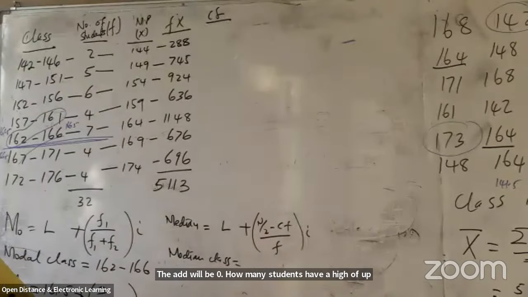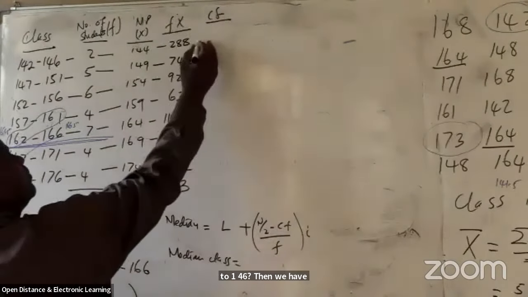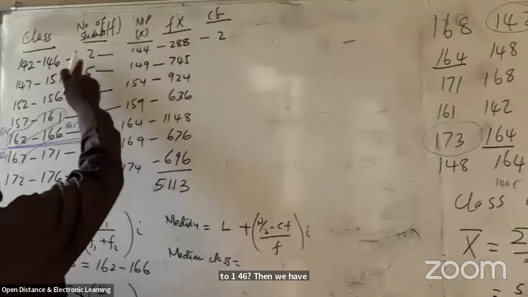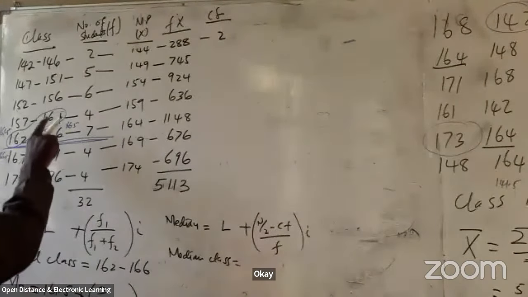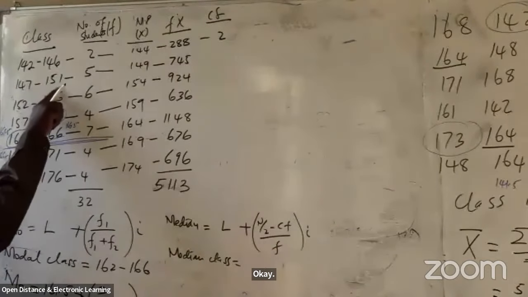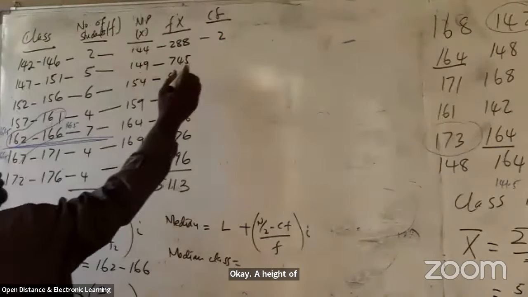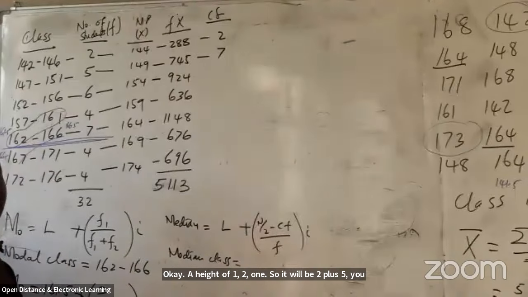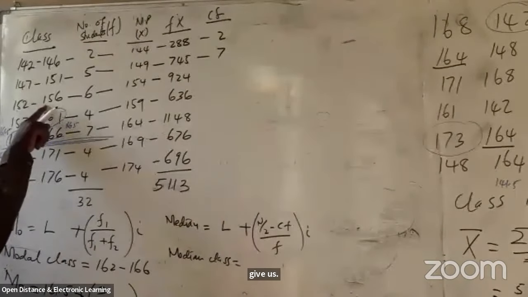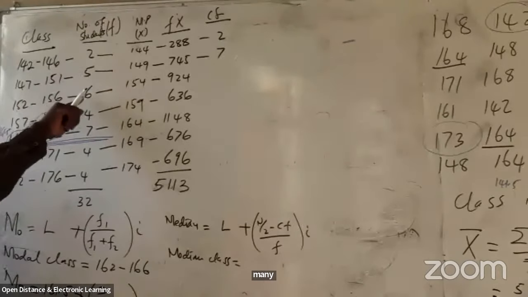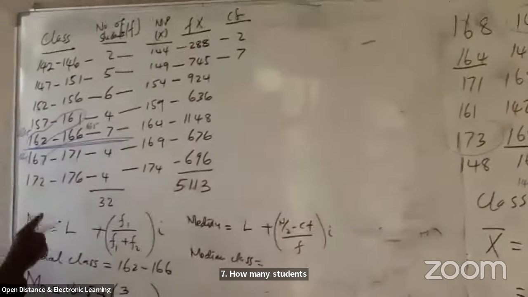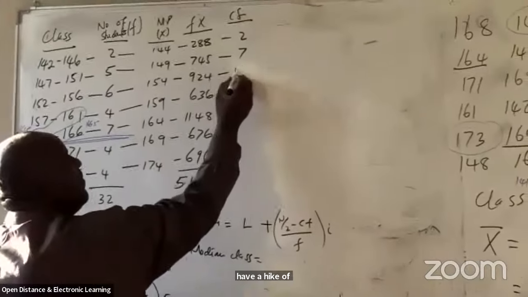Then we have 2. How many students have up to a height of 151? It will be 2 plus 5 to give us 7. How many students have up to a height of 156? It's 2 plus 5 plus 6, and that therefore gives us 13.